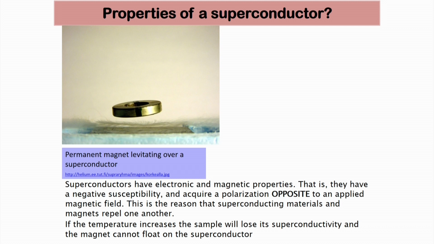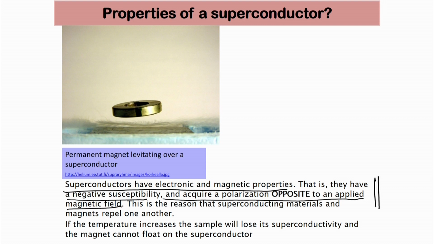Superconductors also have electronic and magnetic properties. We already have said that they have a negative susceptibility, and they acquire a polarization opposite to that of the applied magnetic field, and that is why the superconducting materials and magnet actually repel each other. So, this is the reason for that.